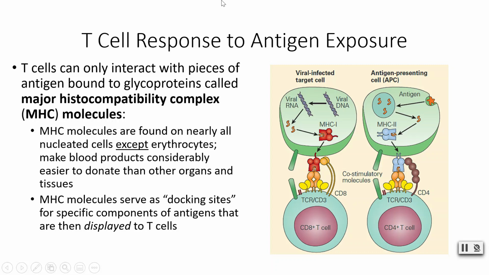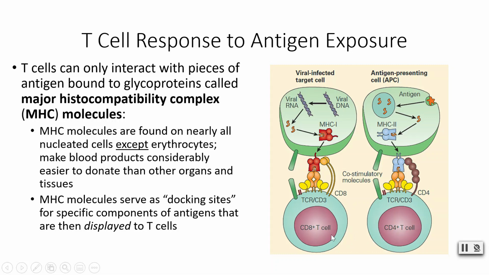And so we have two types of MHCs. Both times you will see that they've come into contact with an antigen, and then they are going to take that antigen and present it on their plasma membrane, and we are presenting it to different types of T cells.